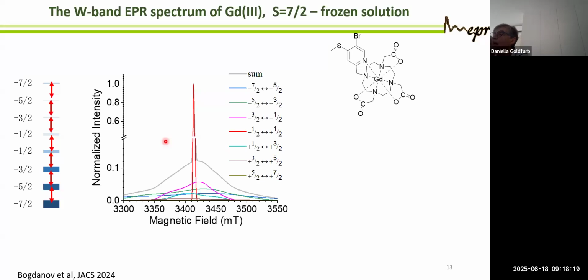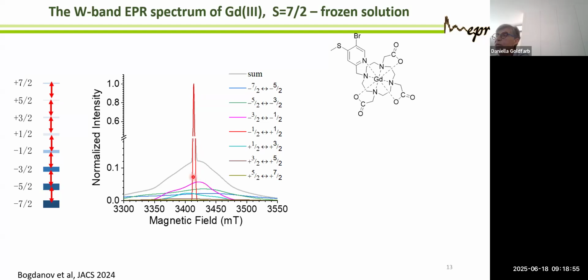It has a spin of 7/2, and if you work at 95 gigahertz at relatively low temperatures, the populations of the different EPR levels are different, just according to Boltzmann. And the spectrum at 10 K, let's say, is this gray curve. It's this central transition, this red one, superimposed on all these other transitions.